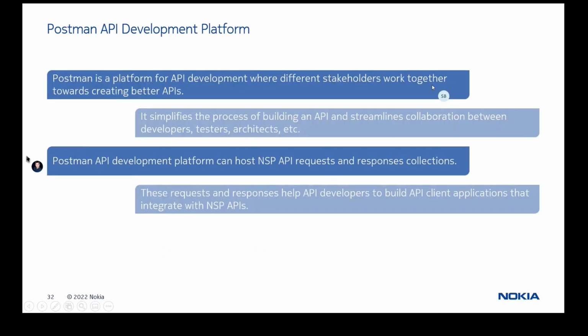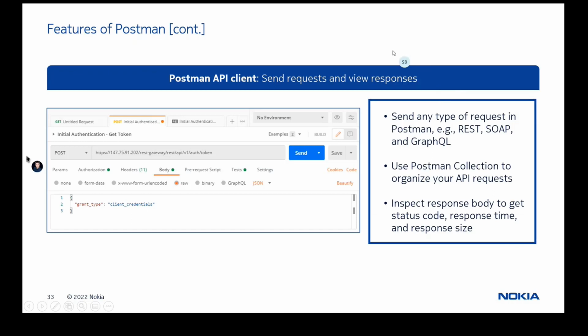I'm not going to mention too much about Postman, which I've already sort of mentioned, but really Postman is a free client you can get online and download. I'm sure there are a bunch of other API clients that you can also use. Postman is just one we've used quite a bit in the NSP world and in Nokia.